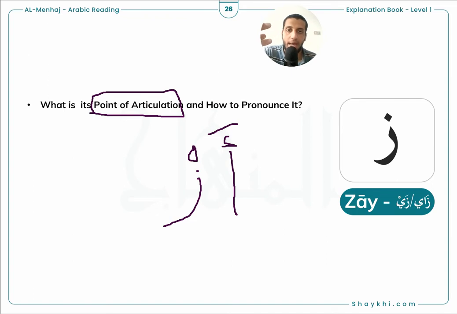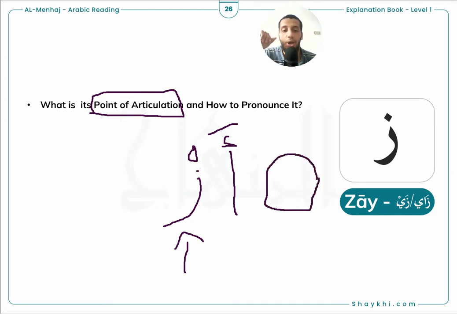When you do that, you will know the point of articulation of this letter. So I will say it now, and try to figure out the point of articulation of this letter. As. The tip of the tongue, the point of articulation is the tongue.